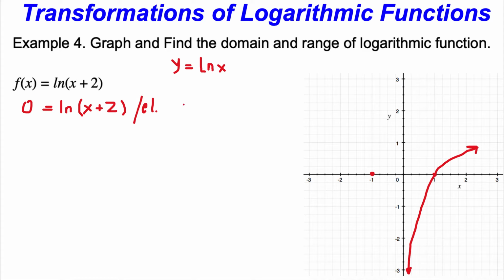Then 0 is going to be equal with e to the ln of x plus 2. What's going to happen here? e to the 0 is 1. And e to the ln is going to be x plus 2, which is just x plus 2.